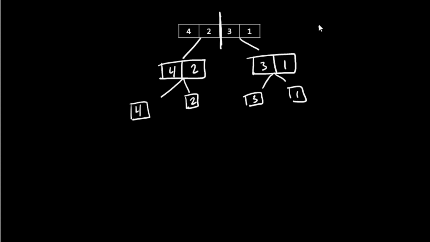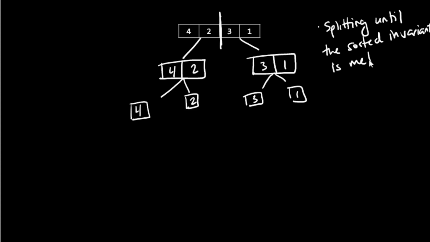So the key is we're splitting until the sorted invariant is met. Okay, so remember, we know a list of size 1 will be sorted, right?